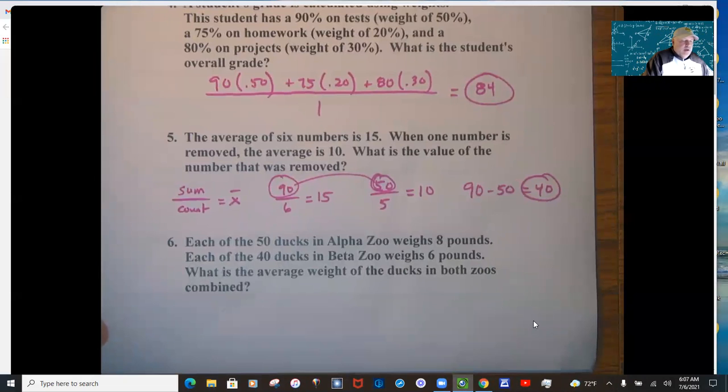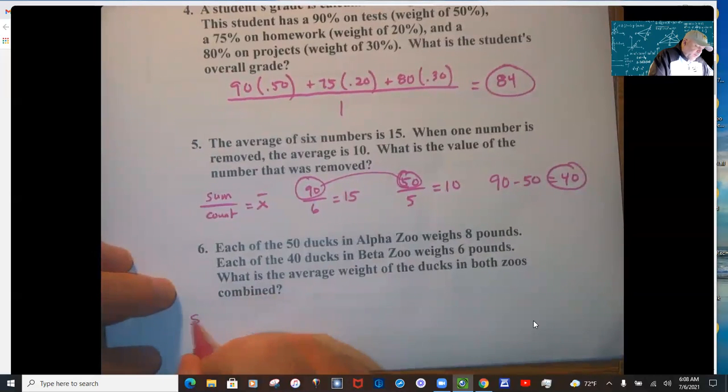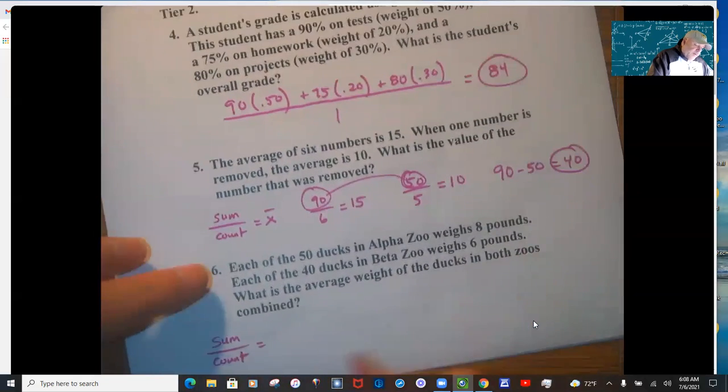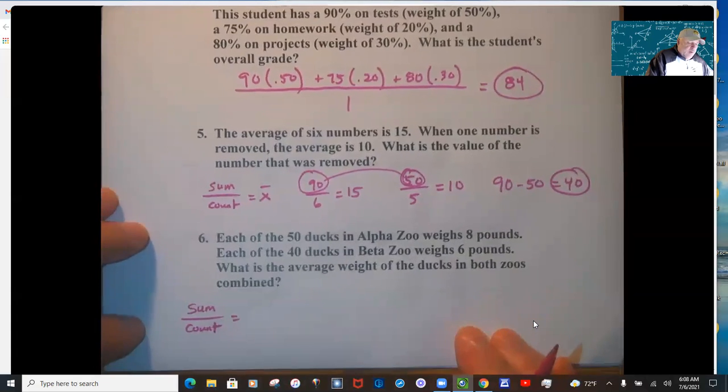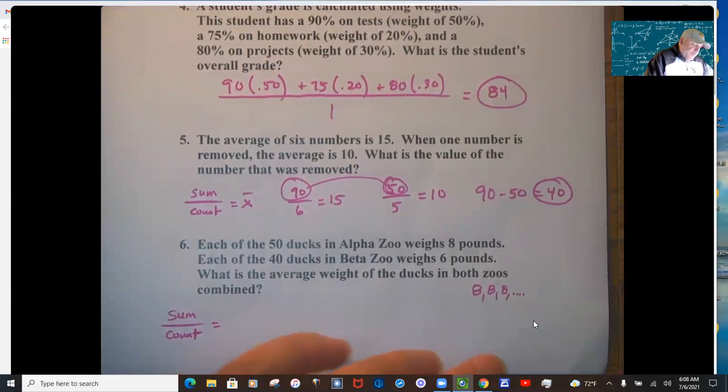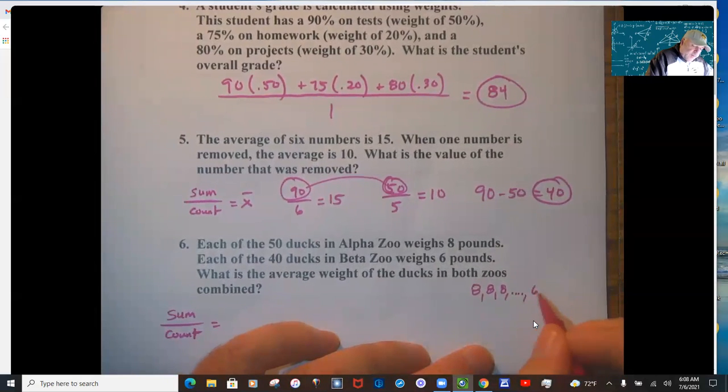All right, so here again is the sum over count idea. Of course, we're counting ducks in the end. So we're listing 8, 50 times, and then we're listing 6, 40 times.